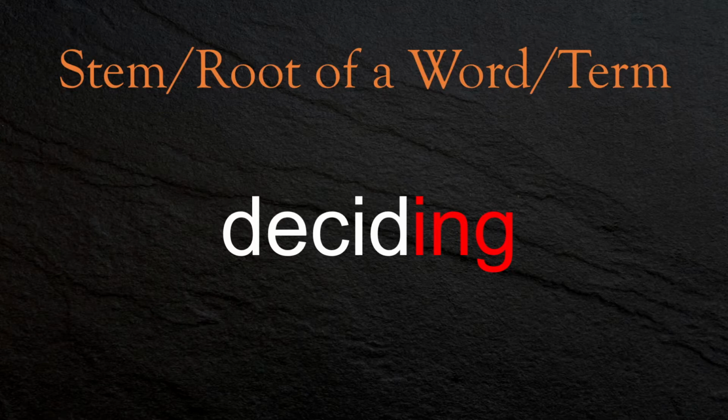And then if I want to make this a noun, I can go decision. At this point, you'll notice that there is a change to the stem. At the very end, the D became an S. That is a very common thing that's going to happen, and you'll see that throughout what we learn about the Latin.